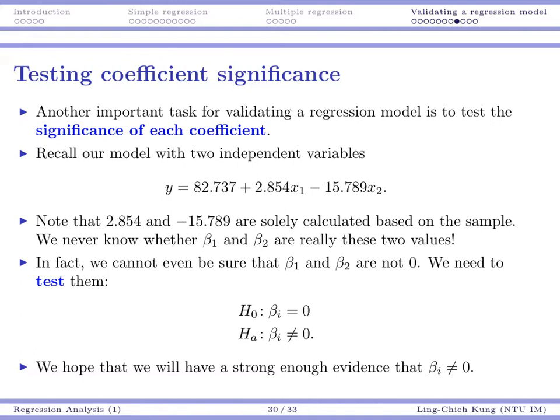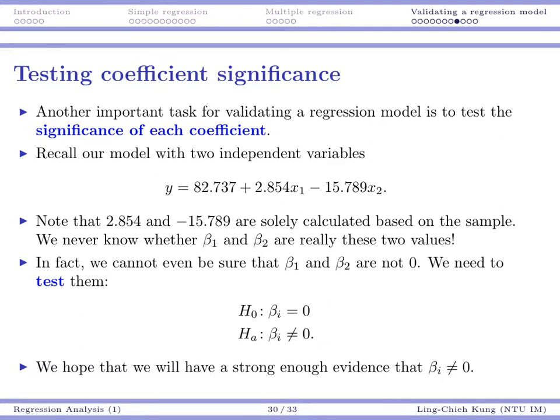We assume that the population mean is somewhere, and then we collect sample data. If the sample mean is so far from the assumed population mean, we're not going to believe that it's possible. The p-value is the probability for us to see such an extreme value. If the p-value is very small, we don't believe that our null hypothesis is really true.